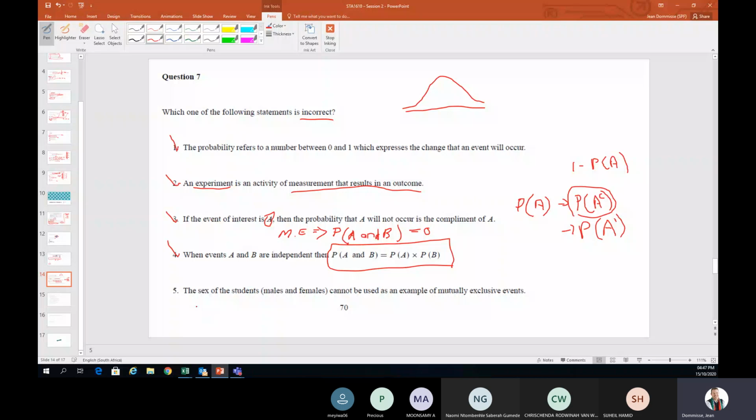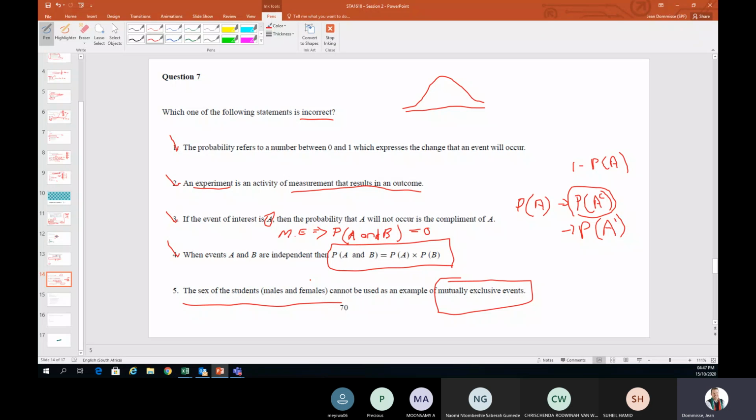Sex of students, males and females, cannot be used as an example of mutually exclusive. So yes, let's not go into that. It will probably change, but when this was set up, you could only be male or female. So I think they probably need to rethink a bit of their questions.